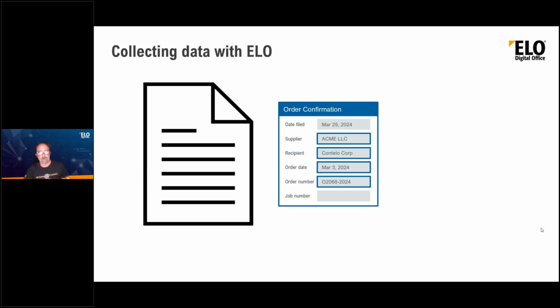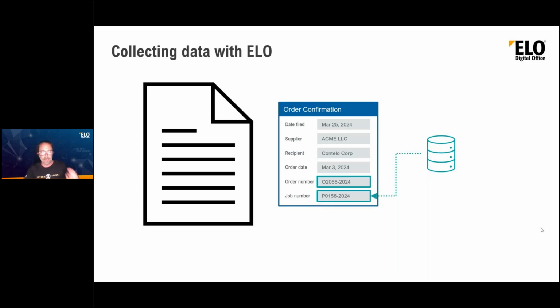That's an ERP, a CRM, or some sort of database where we can get, with the order number, the job number in this example. So the metadata should be filled out mostly automatically, because then you can prevent some errors.